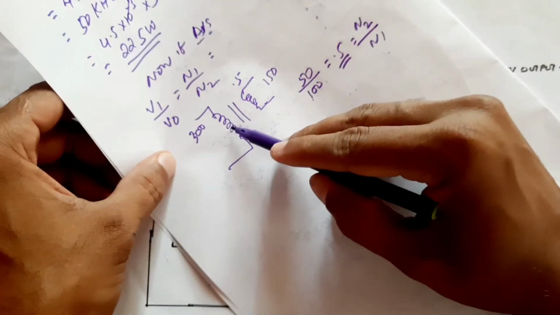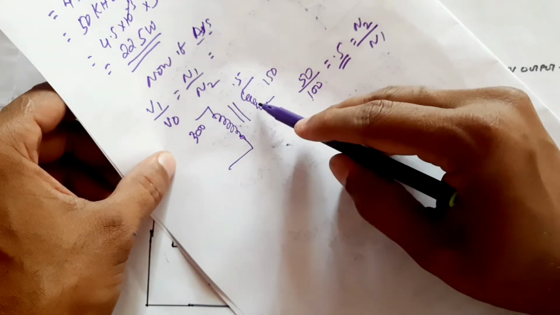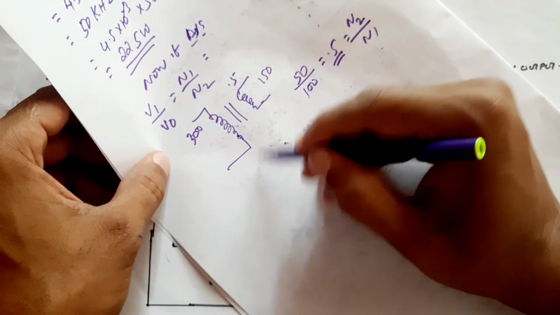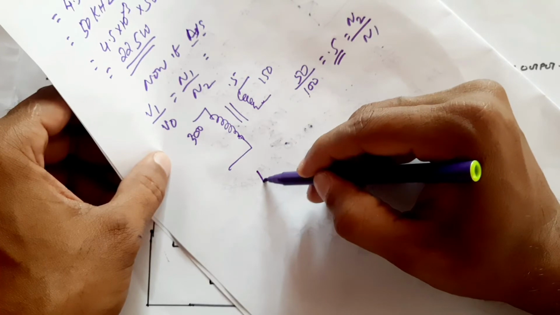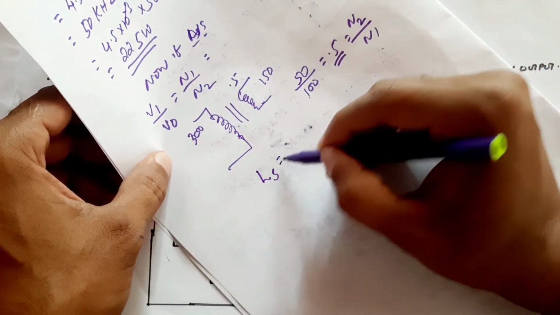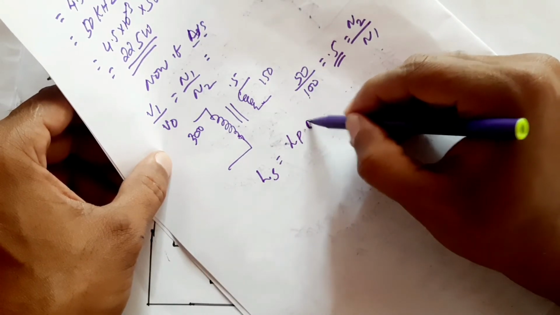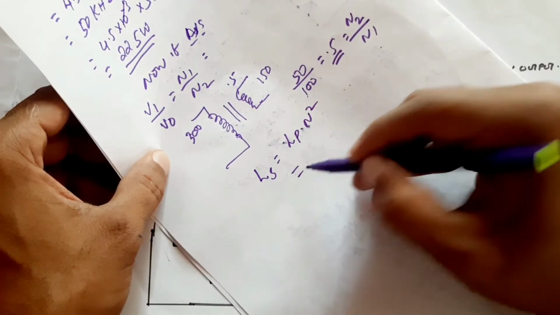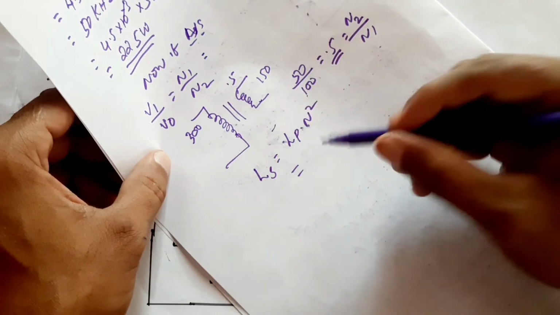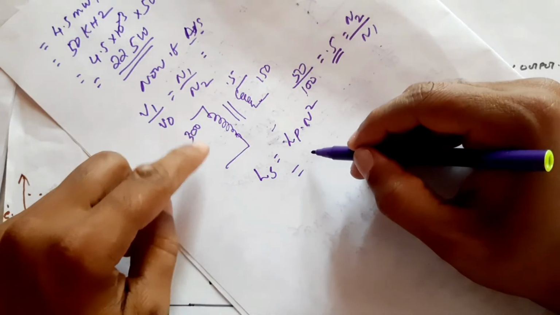But even though the turns ratio is half, the inductor value, looking from the secondary side, will be different. The secondary inductance will be L primary times N squared.